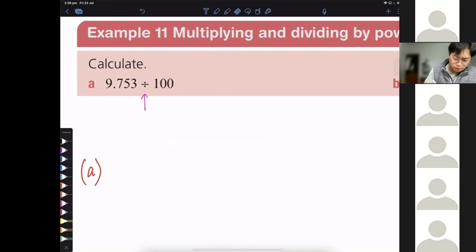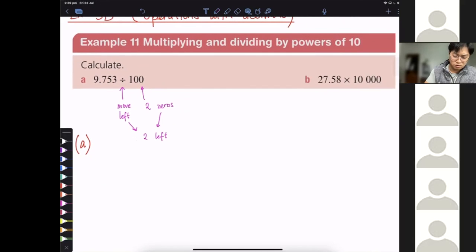Okay, so fantastic, Angelina. You move it to the left. And by how many spots do we move it to the left, Angelina? 2. Yep, because we have 2 zeros, that means we go 2 to the left. That's the awesome thing about dividing by 100 here.